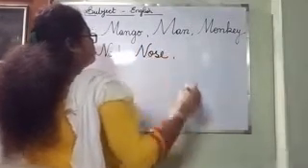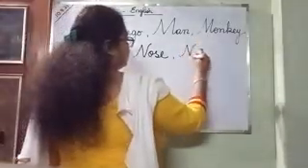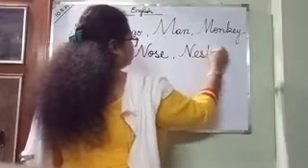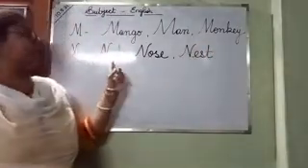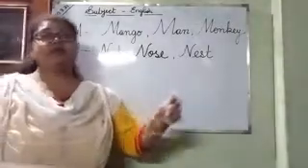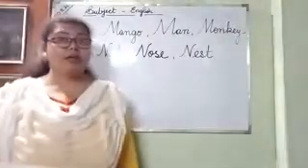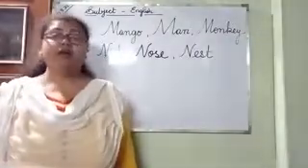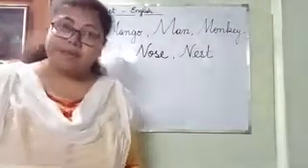N-O-S-E. Nose. You can write N-E-S-T. Nest. Okay. What I have written? Nail, nose, nest. You can write neck. Okay. Many things are there. Whatever you remember, you can write if it comes in your exam.